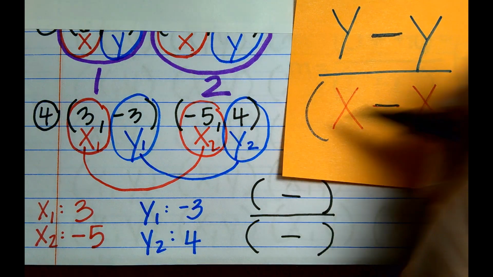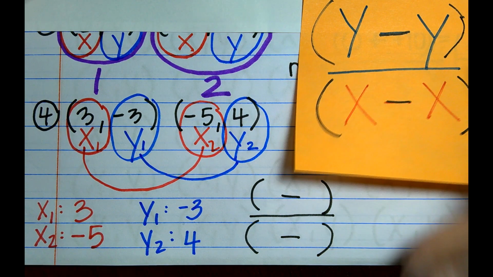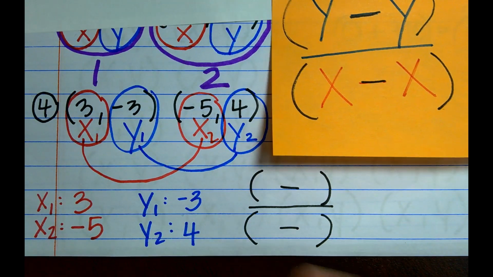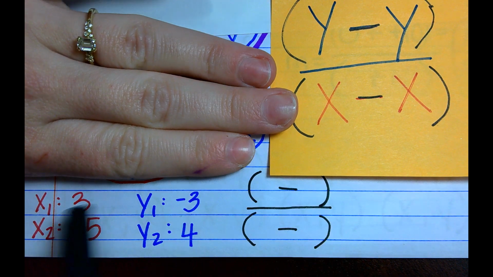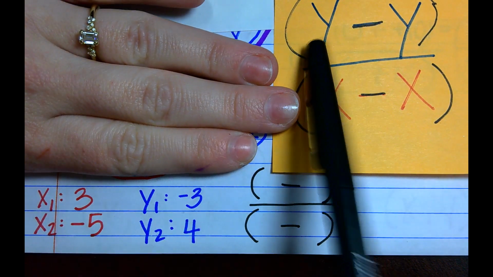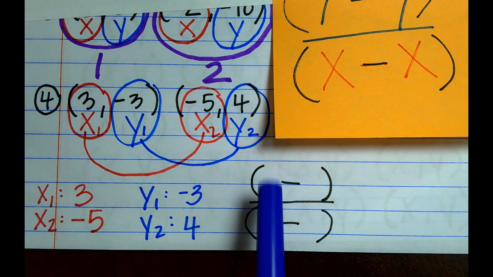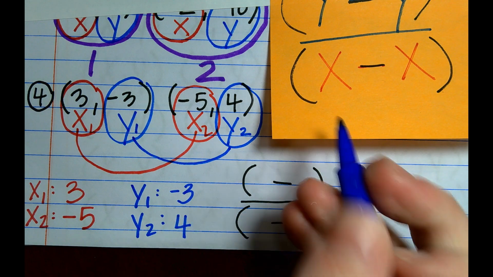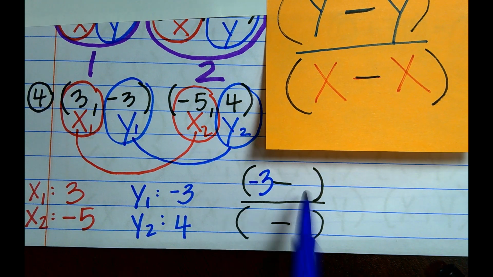All right. So now we're looking at these numbers that we have listed. My y's go on top, my x's go on bottom. So what number goes here? Negative 3 and 4.